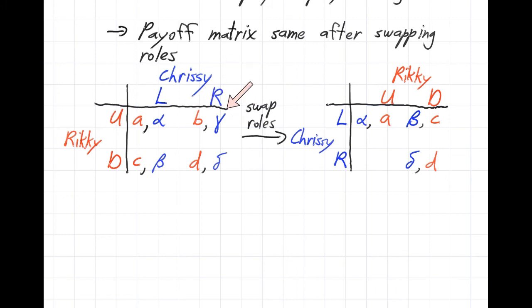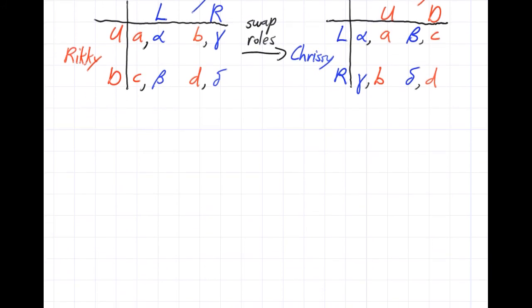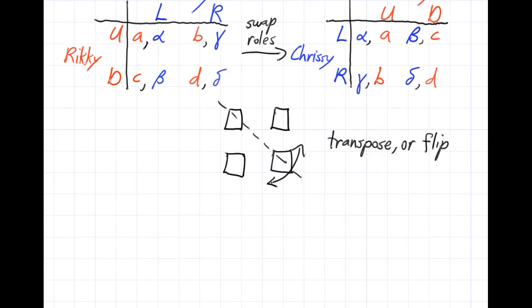So again, we swap the roles, which means we swap the off-diagonals. So the payoffs are gamma and B. Effectively what we've done is we've taken that 2x2 matrix and we've flipped everything around the diagonal. Sometimes that's called transposing. And that's how we got from the original payoff matrix to our new payoff matrix.